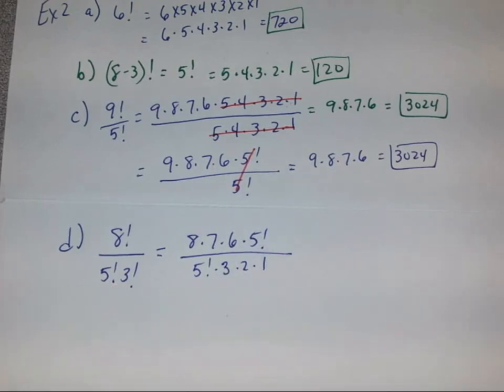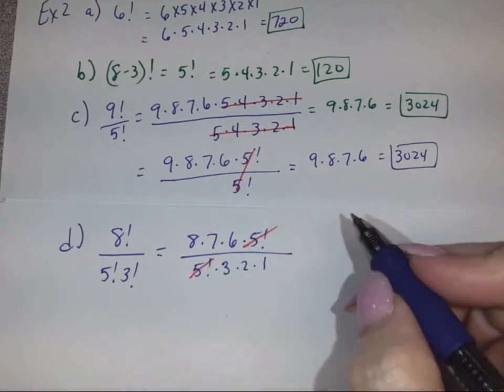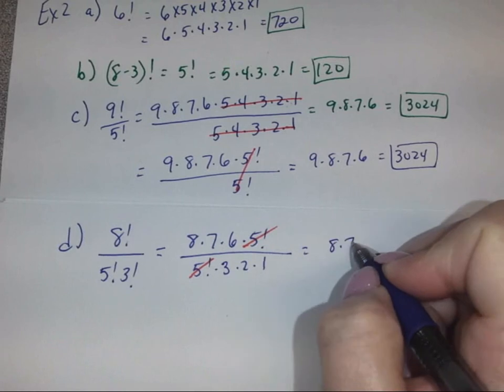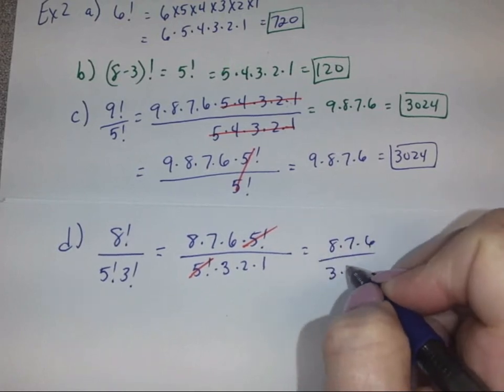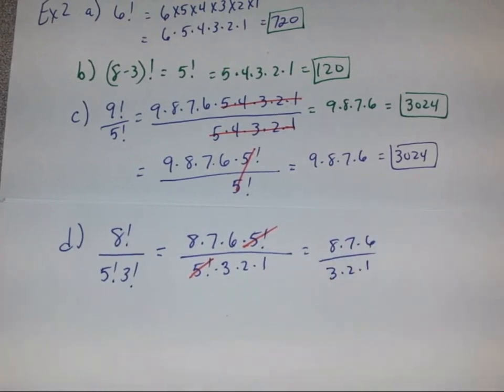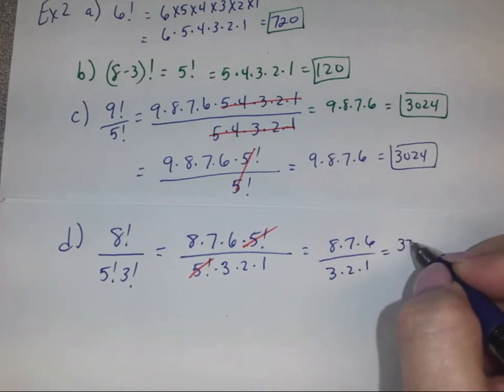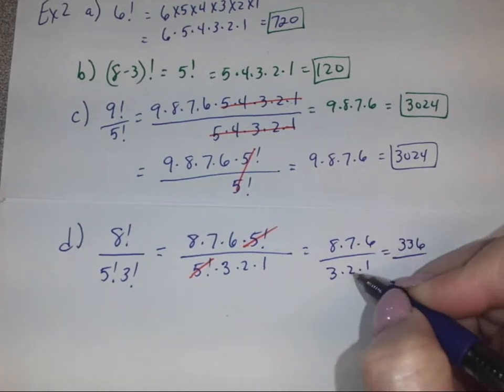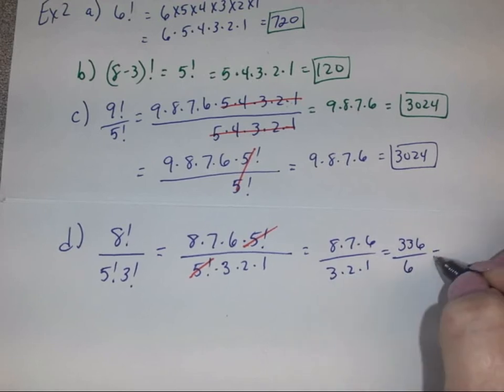We still have to multiply by what's in this one. So the 5 factorials will cancel, and we'll be left with 8 times 7 times 6 over 3 times 2 times 1. Well, 8 times 7 times 6 will get us 336, and 3 times 2 times 1 is 6, and that will get us 56.